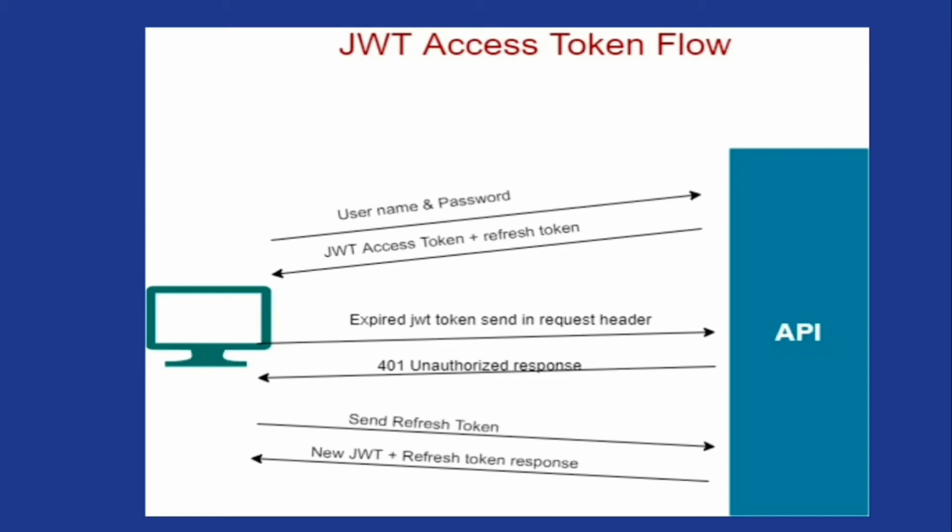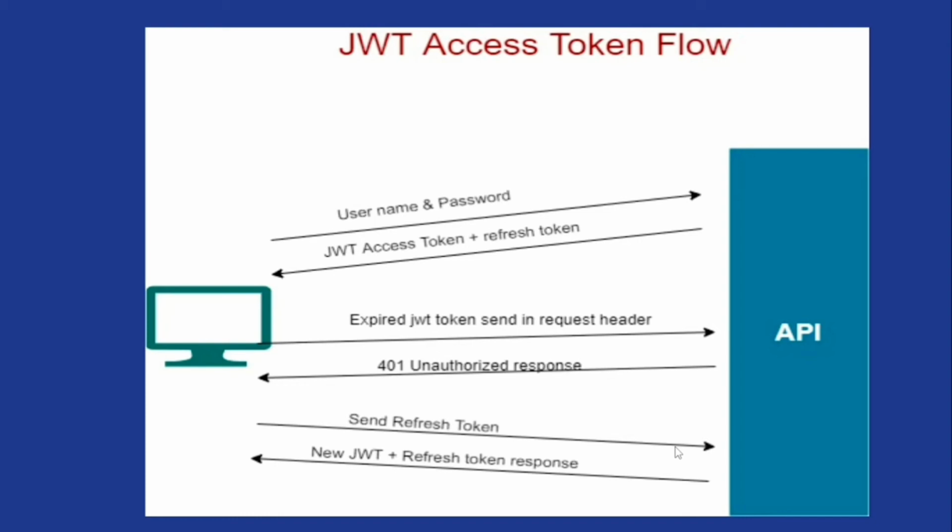Suppose after 20 minutes the JWT access token expires, then the API sends an unauthorized response, 401 unauthorized.